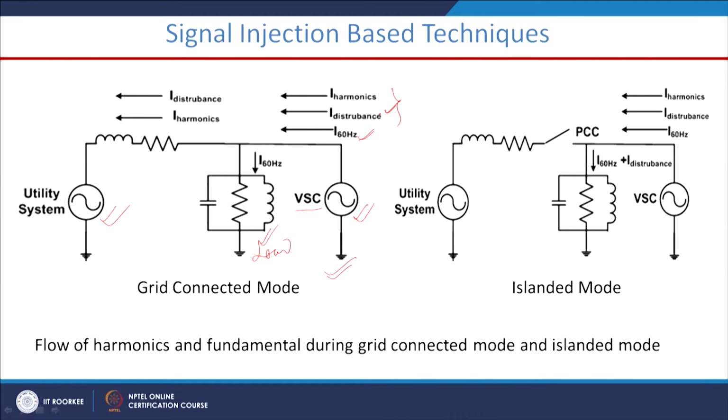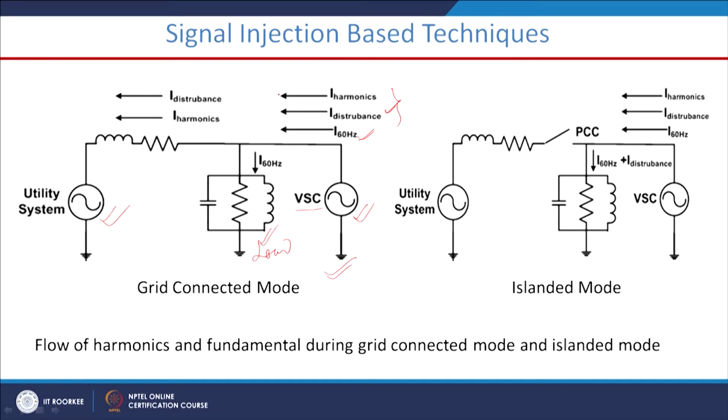These renewable sources basically contain electronic components, so due to that, harmonics are present in the system, and this is our fundamental signal, I 60 hertz or I 50 hertz.